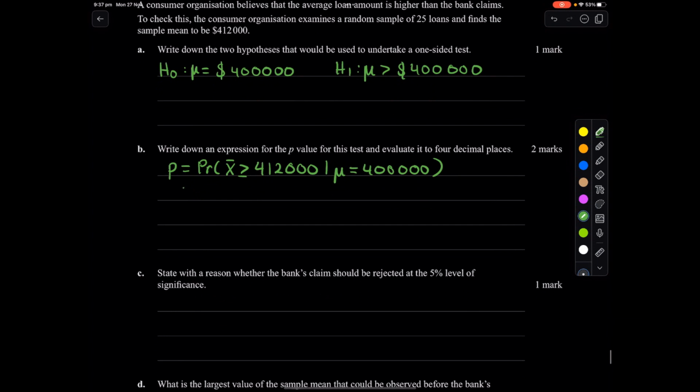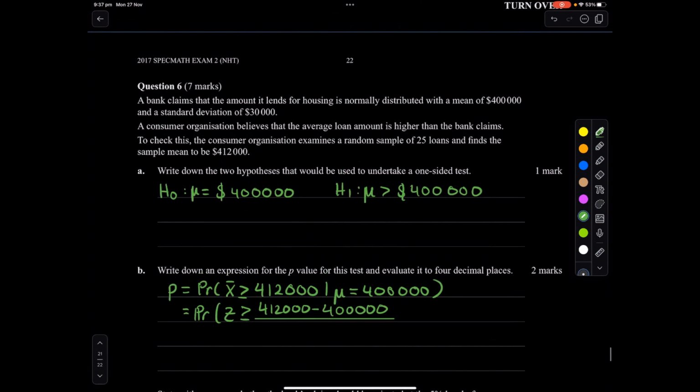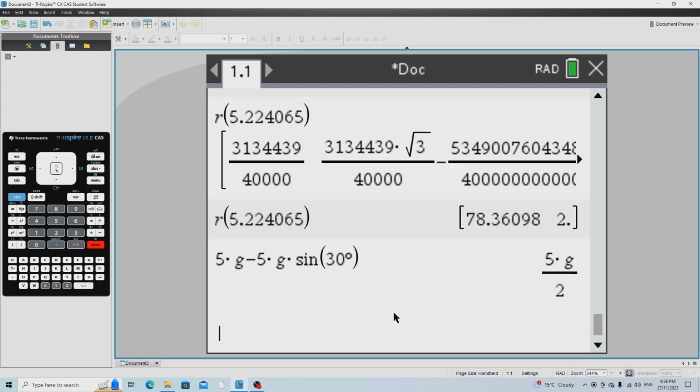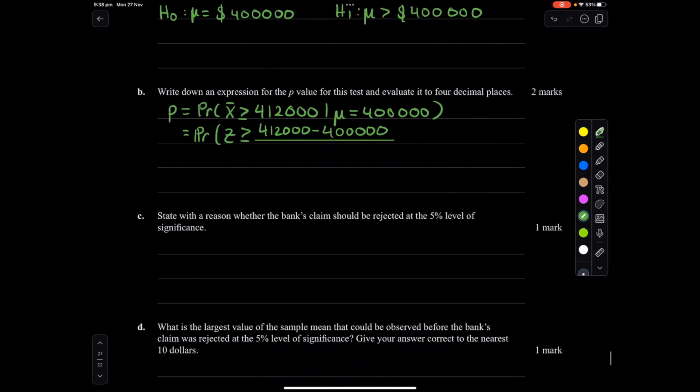So, changing that to Z, the probability that Z is greater than or equal to 412,000 minus your null hypothesis mean, divided by your standard deviation. For the standard error, it's 30,000 divided by the square root of the number of people, which is 25, so just 5. So 30,000 divided by 5 is 6,000. So, divided by 6,000. Yeah, that's an expression.